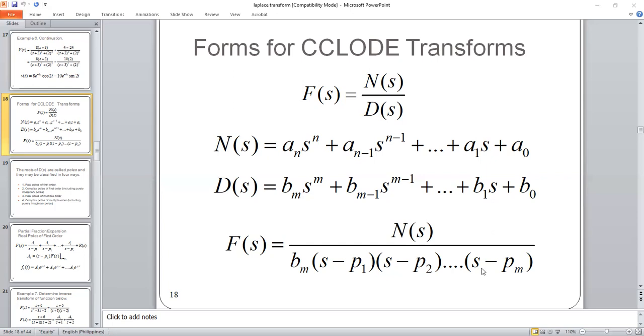So the next step that you will do is factor the denominator of the final function of S that you have to invert. Since inversion is the last step in finding the solution of your DE, you have to make sure before you do inversion that the denominator of your function of S is factored. So in this case, it's now factored.